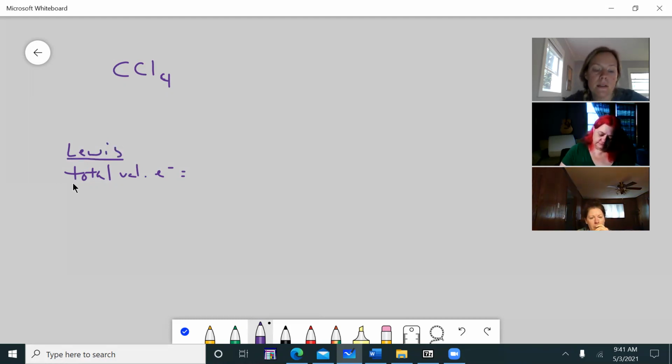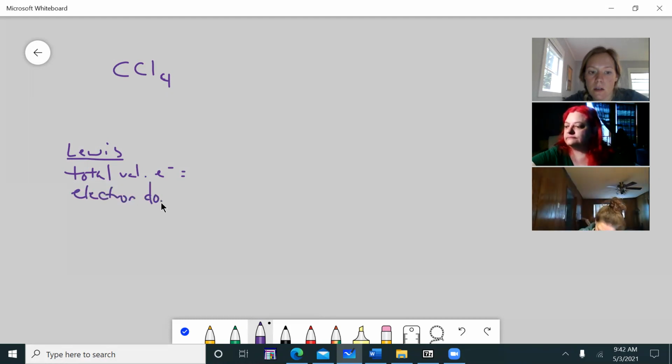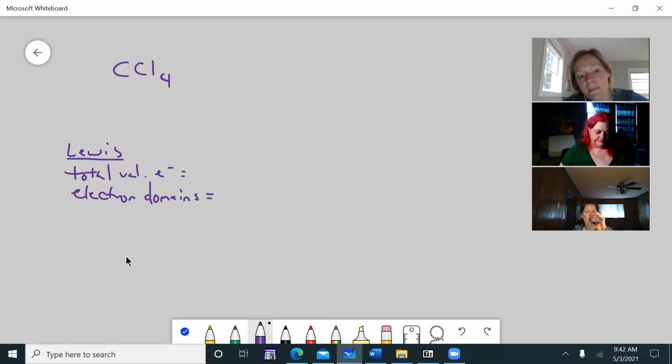So we have the Lewis structure, the total number of valence electrons, and the electron domains. How many areas of electrons are there around the central atom?